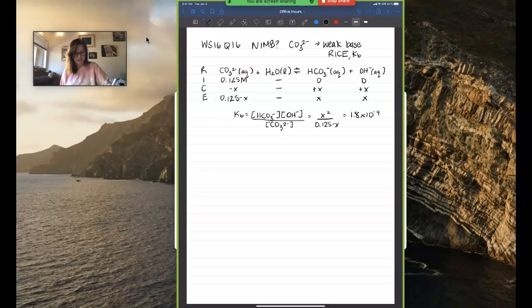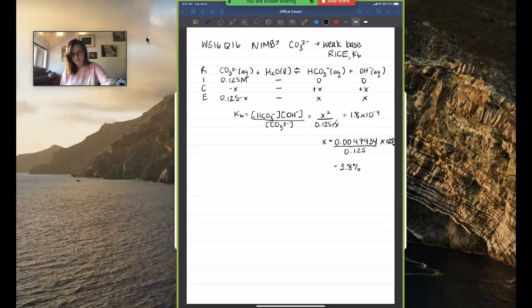We're going to assume x is small enough to ignore, so when I solve for x, I get 0.0047434. And you can always double check that it's less than 5%, so that it's a valid assumption that x is small enough to ignore. So you can divide by the initial concentration times 100%, and in this case that's 3.8%.